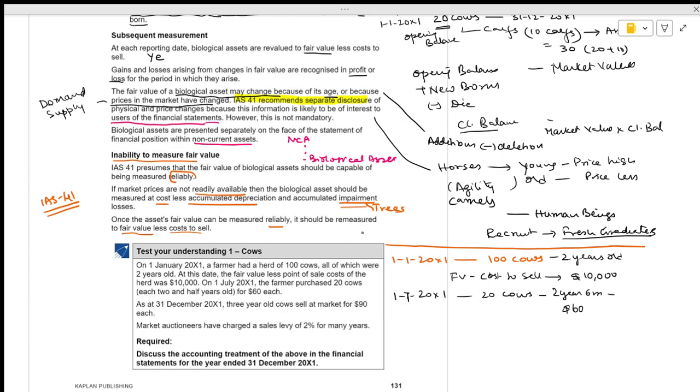How much is 20 times 60? It comes to 21,200.